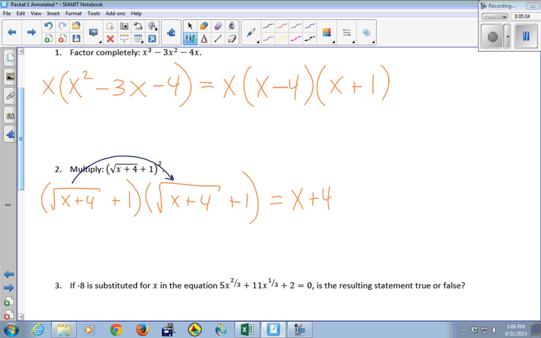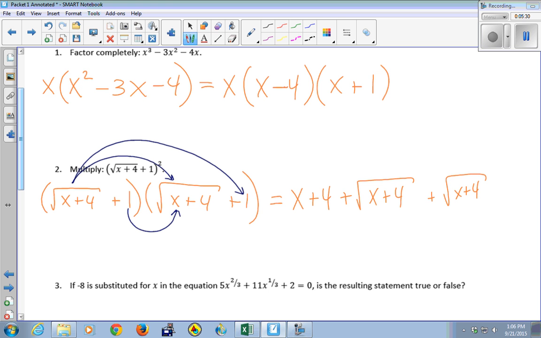All right, so then go to your outer terms. Radical x plus 4 times 1 is radical x plus 4. Yeah, anything times 1 is itself. So this is plus radical x plus 4. And then for my inner terms, 1 times radical x plus 4 is again radical x plus 4.